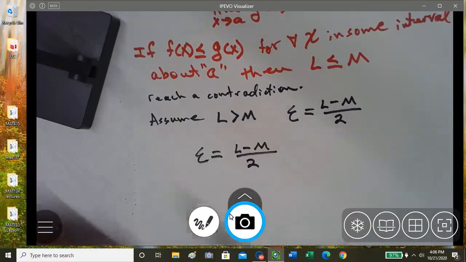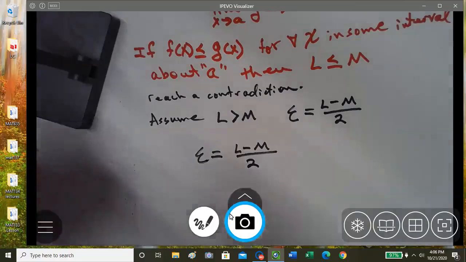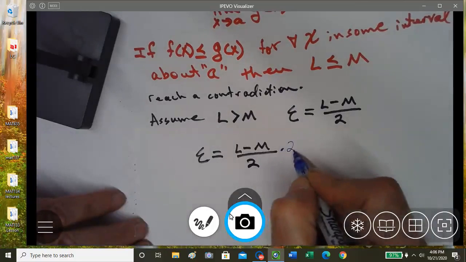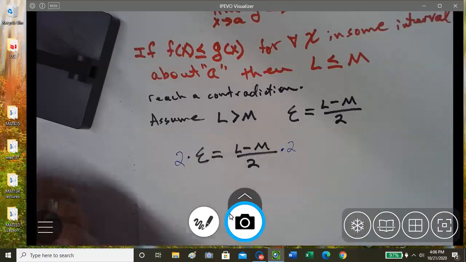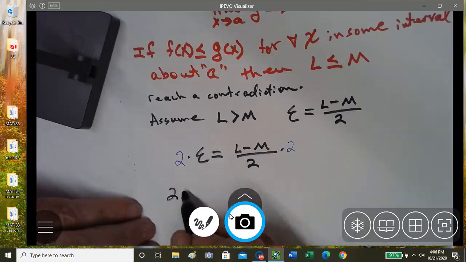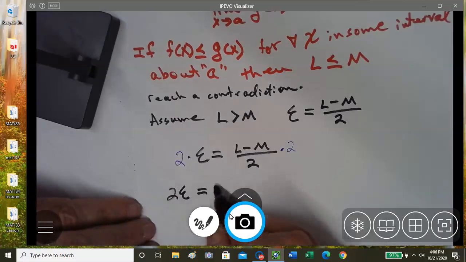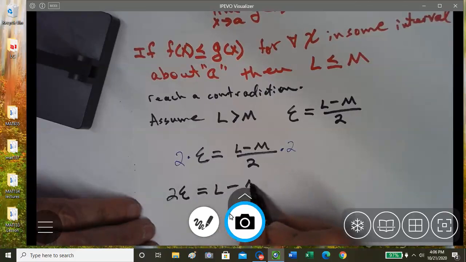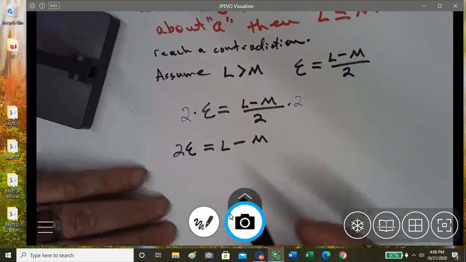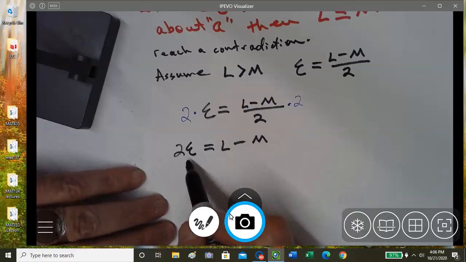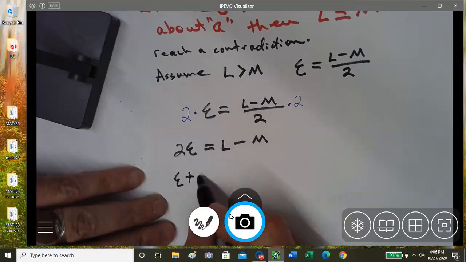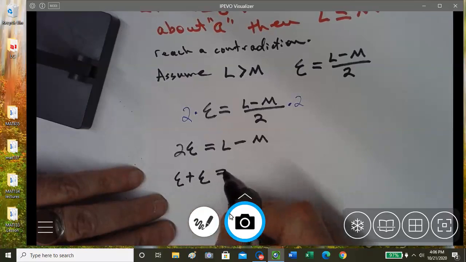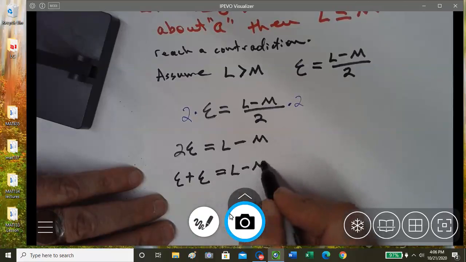Basically we're going to divide out this denominator, so we multiply 2 to both sides, and we get 2 epsilon equals L minus m. 2 epsilon is the same as epsilon plus epsilon equals L minus m.